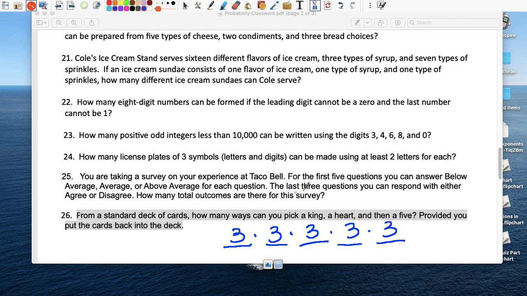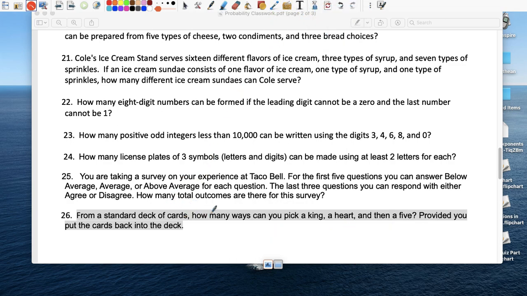The last 3 questions, you can either say agree or disagree, so you only had two choices. So how many total outcomes are there for this survey? Well, 3 to the 5th times 2 to the 3rd, and I'm just going to leave it in exponential form.